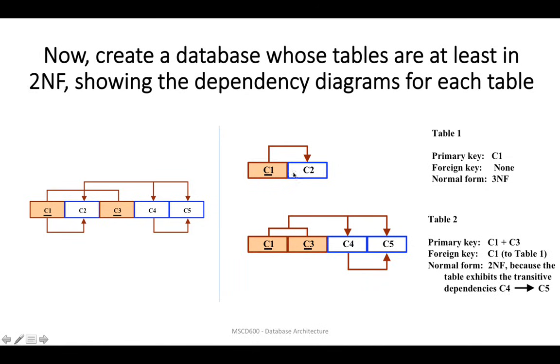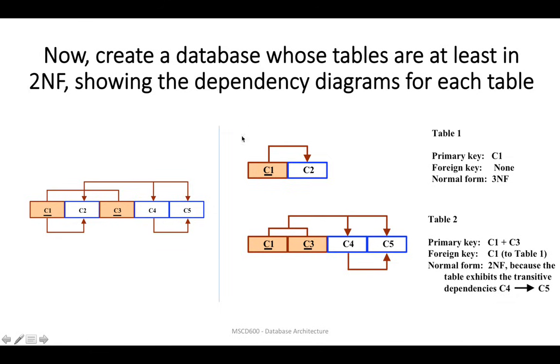So this is the new table, and this is what's left of the old table. C1 is still there, C3 is still there, C2 is gone. Well, it's gone from right here. And then we still have C4 and C5. Remember that when you rewrite the new table, you still continue to bring over any transitive dependencies that come along.